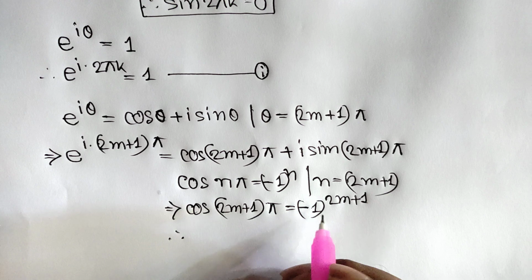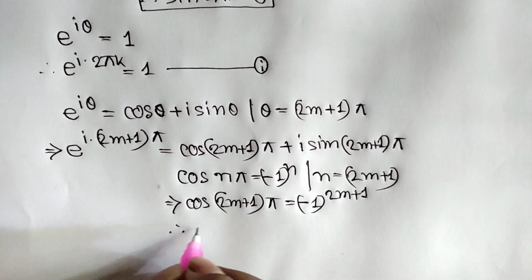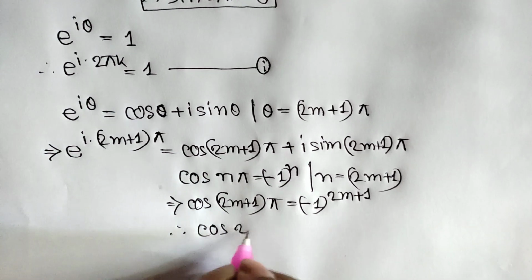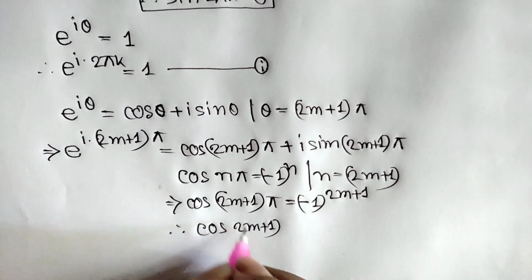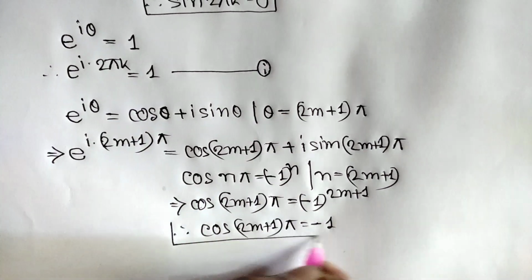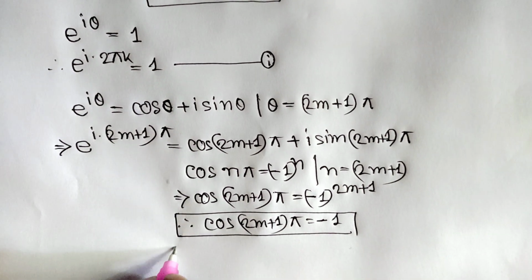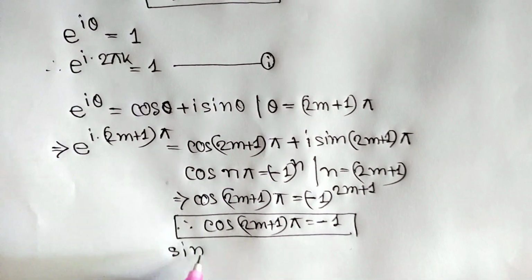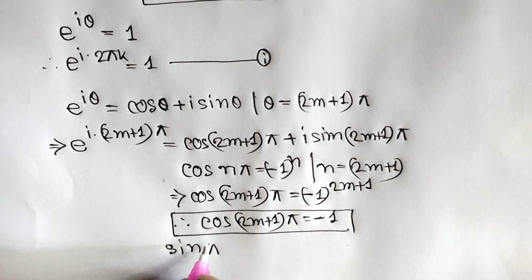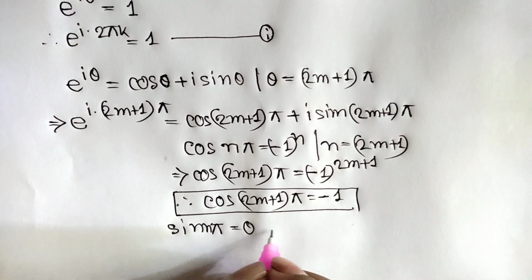Negative 1 to the power odd number is always negative 1. So the value of cos (2m plus 1) pi is equal to negative 1, and sin n pi is equal to 0.